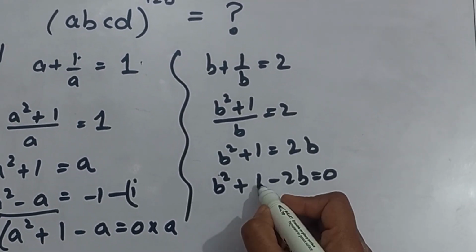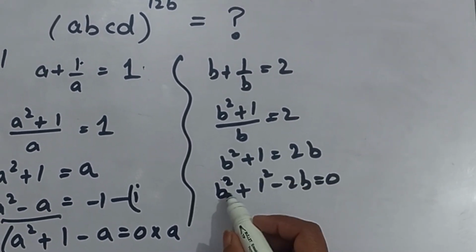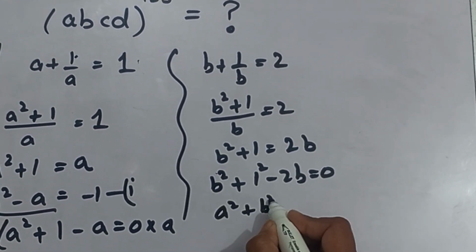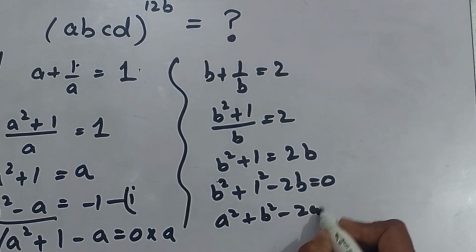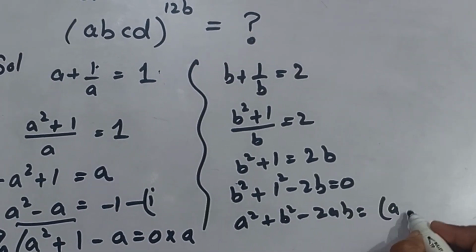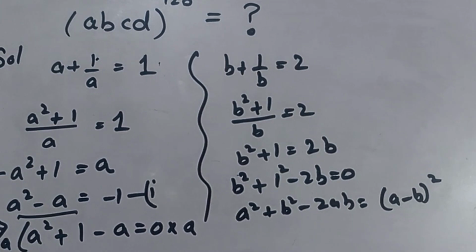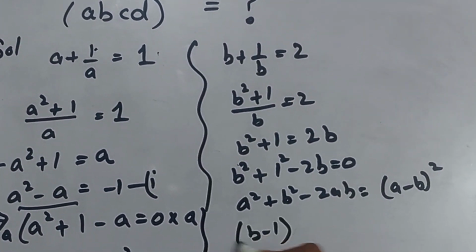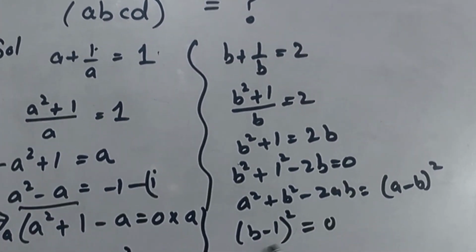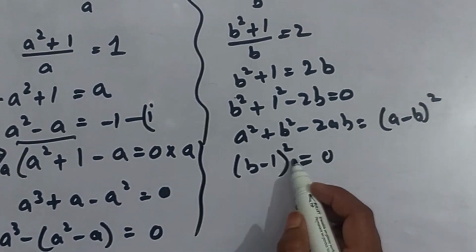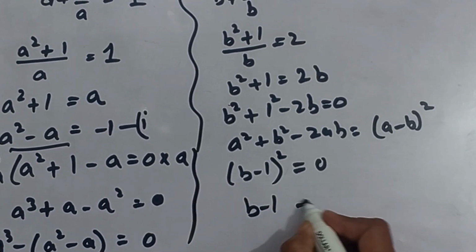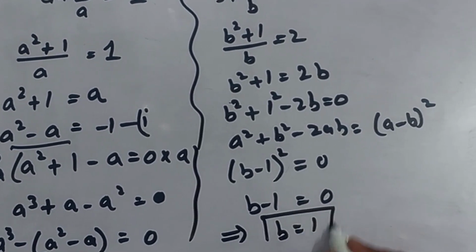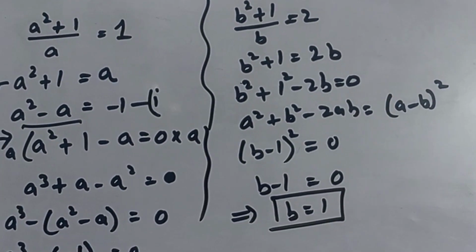Here we apply the identity a square plus b square minus 2 times the product ab is equal to a minus b whole square. So the equation is b minus 1 whole square is equal to 0. To remove the square, we take the square root on both sides, then we get b minus 1 is equal to 0, and this implies b is equal to 1. This is the important information we use in our question.